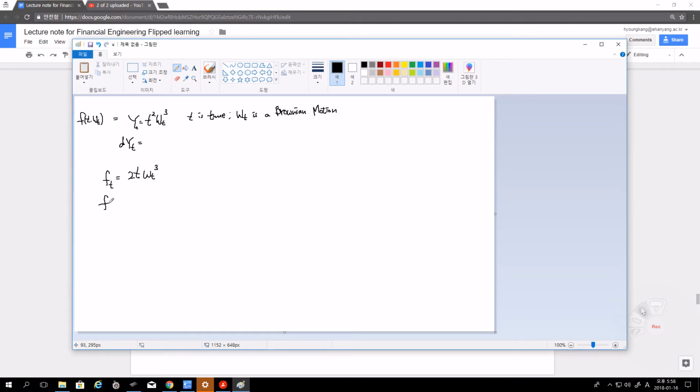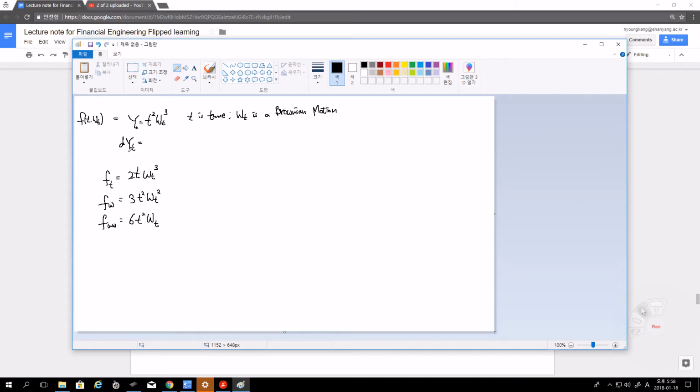Now we take the derivative with respect to the Brownian motion W, then it's 3 t^2 W_t^2. And the second derivative, taking the derivative again, is 6 t^2 W_t.